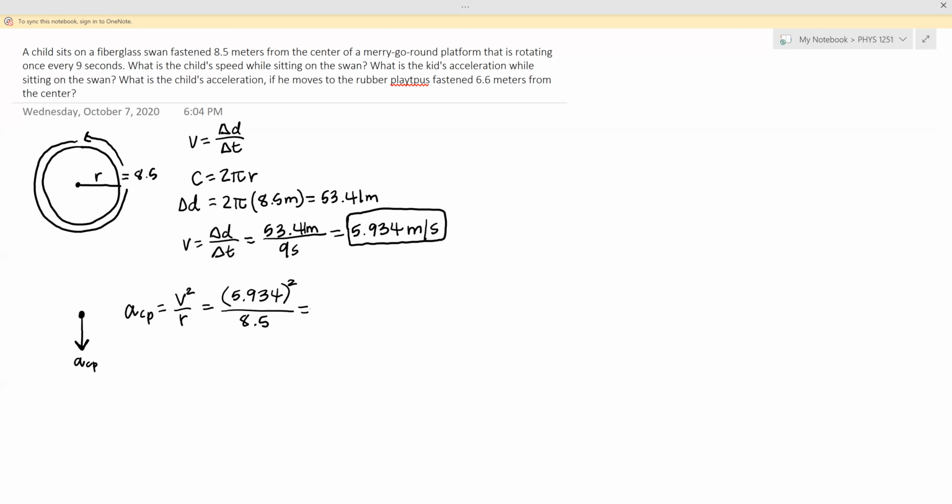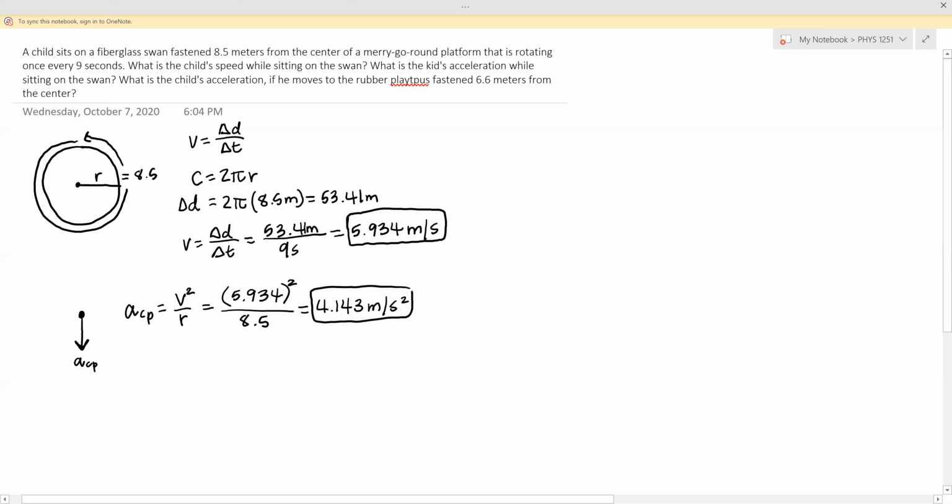And that gives us 4.143 meters per second squared. And that is the answer to the second question.